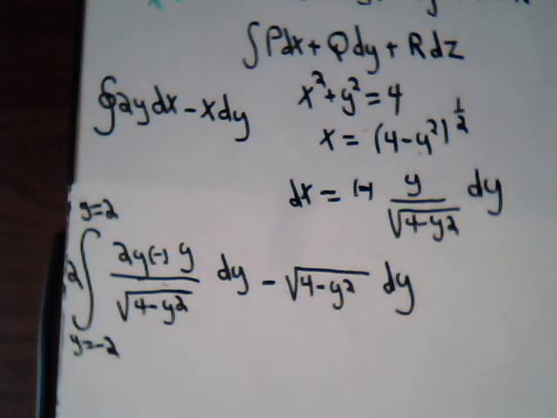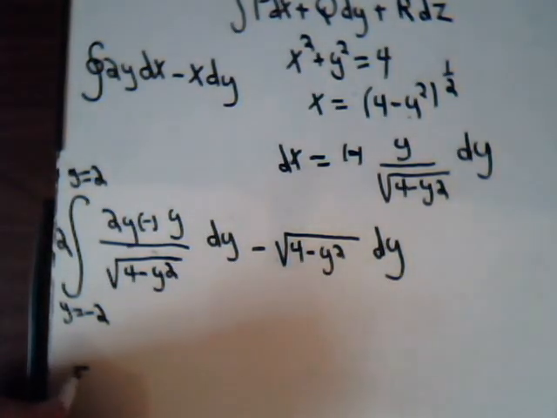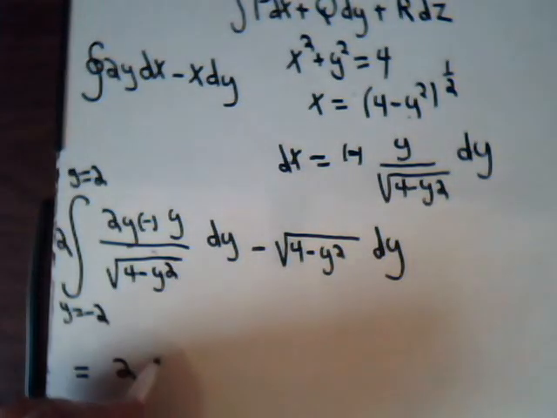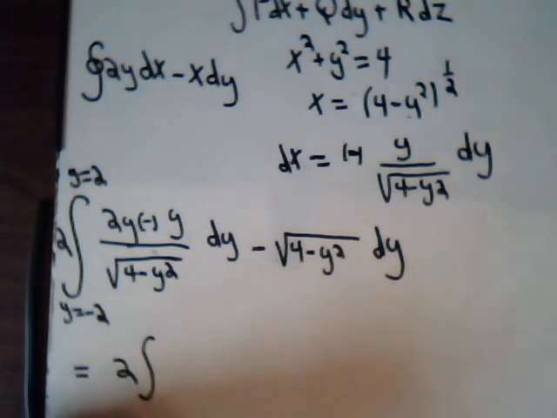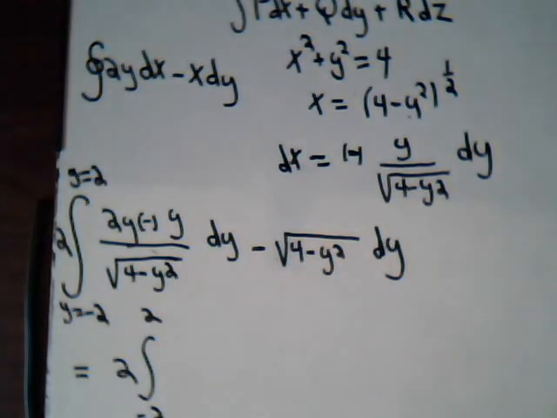And let's see. This will equal 2. And we have to combine these together. So let's see what we're going to get. We will have 2 on the outside. Y goes from minus 2 to plus 2.